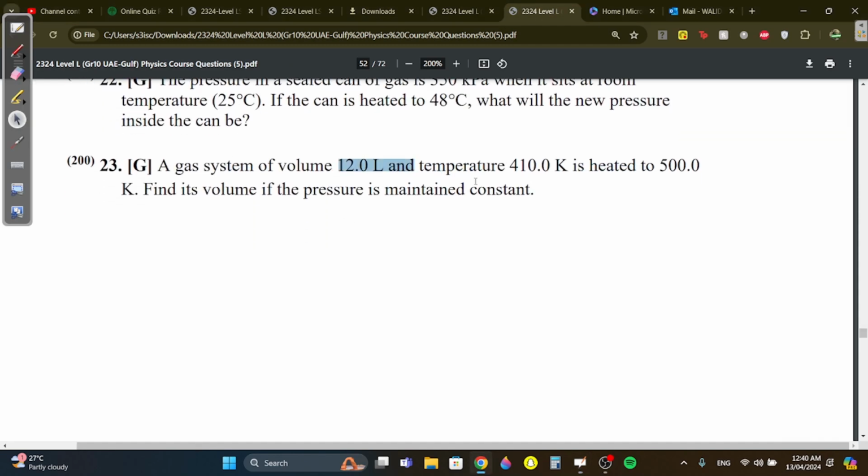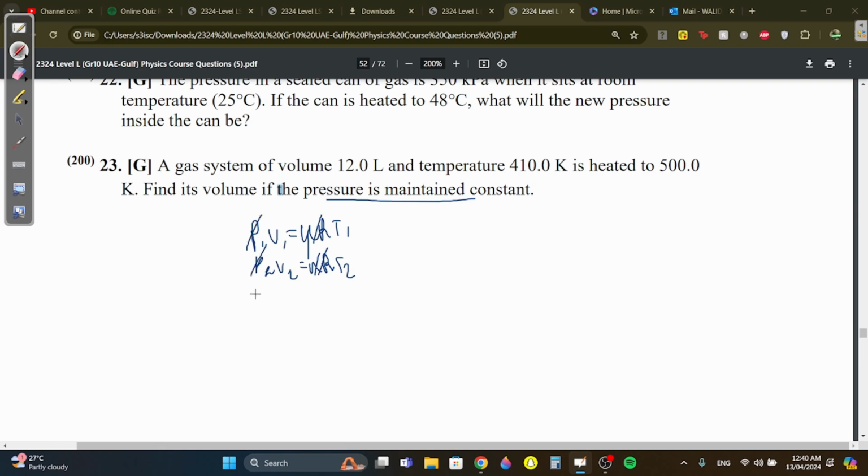A gas has a volume of 12 liters and temperature 410. It's heated to 500. Find the volume. Okay, easy. Again, P1 V1 equals nRT1, P2 V2 equals nRT2. N with N, R with R. Since pressure is constant, P with P, you cancel. V1 over V2 equals T1 over T2.